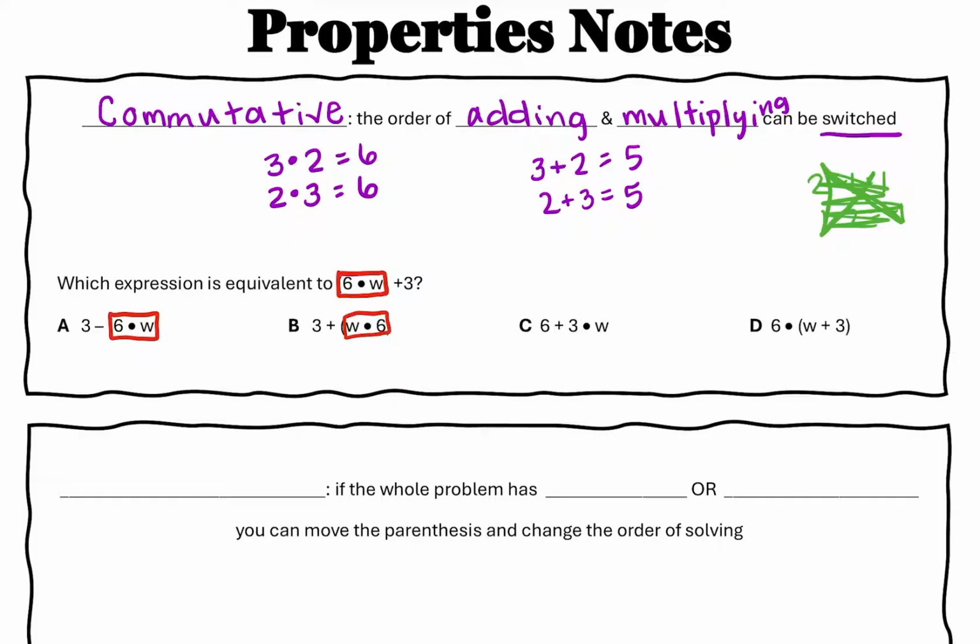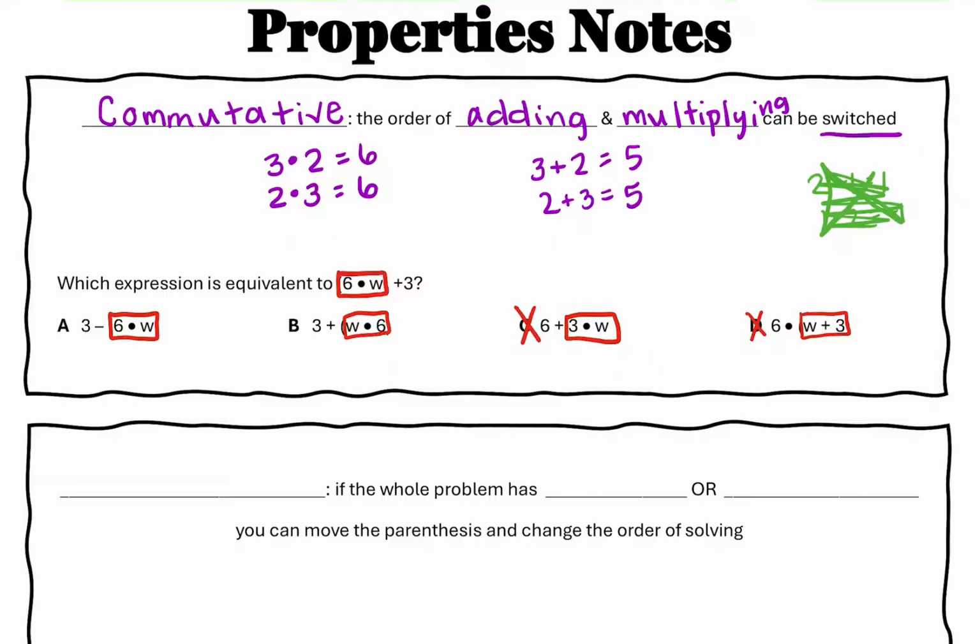But on C, there are no parentheses, but I would still multiply before I add. That one completely changed what we are multiplying. In this one I'm doing 6 times W, and in this one I'm doing 3 times W. So that one is out. And in D, my parentheses has adding first. I can't go from multiplying first to adding, so D is out as well.